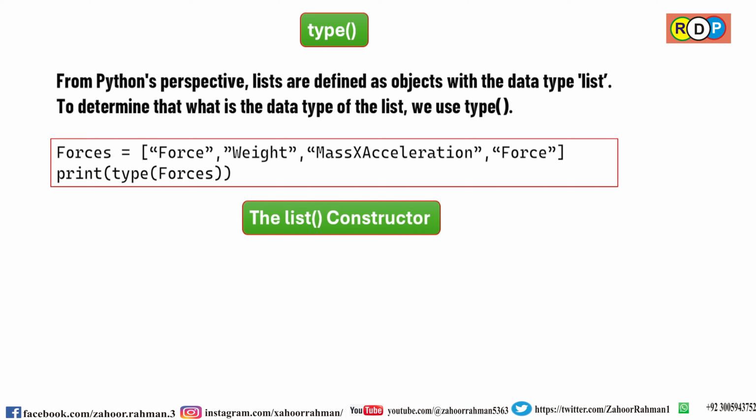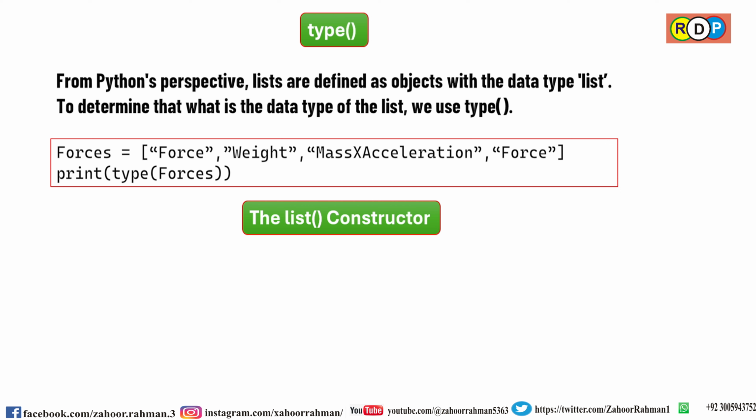The list constructor. Now constructor is also a technical term that is associated with classes. In classes, when we declare a variable, a constructor must be created for that. That is a constructor function. So whenever you are instantiating an object, first the constructor is called for that object.